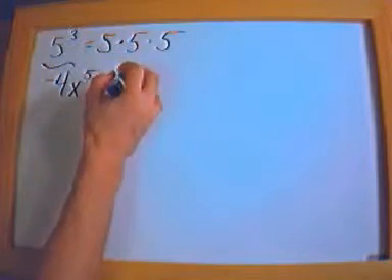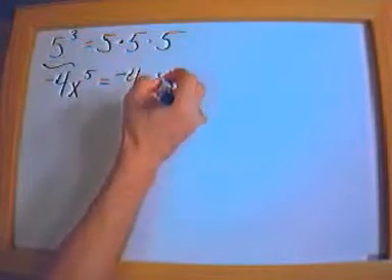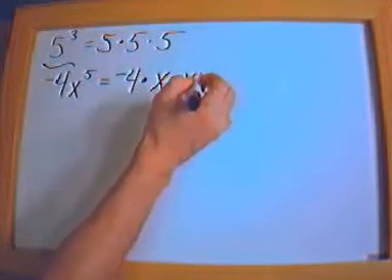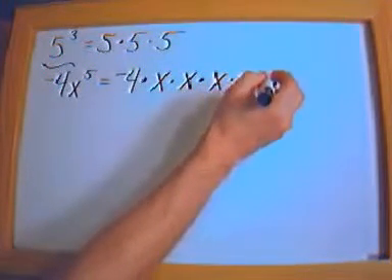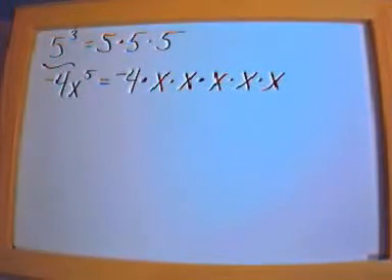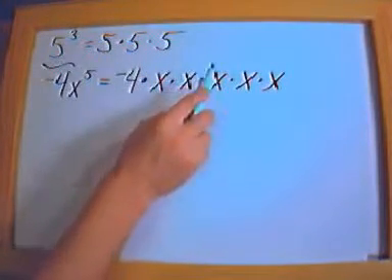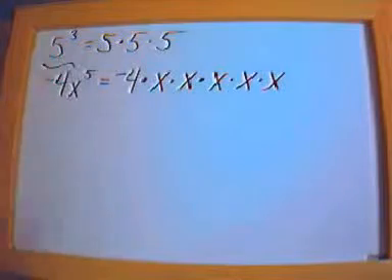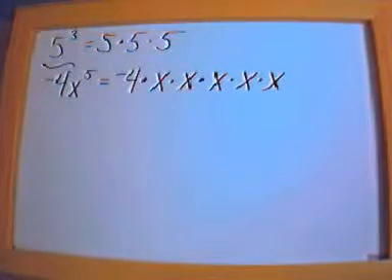So this is going to equal negative 4 times x times x times x times x times x. And we multiply by 5 x's because we're doing it 5 times. And the negative 4 is just multiplied by this whole thing. Okay? So that's what that would look like.